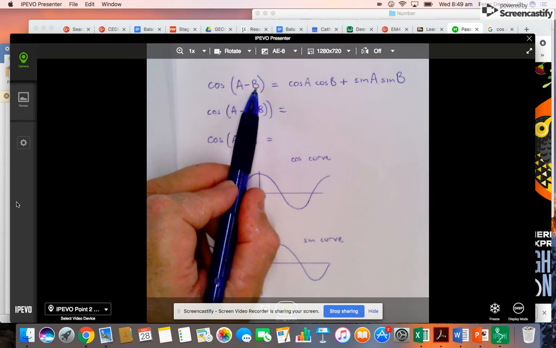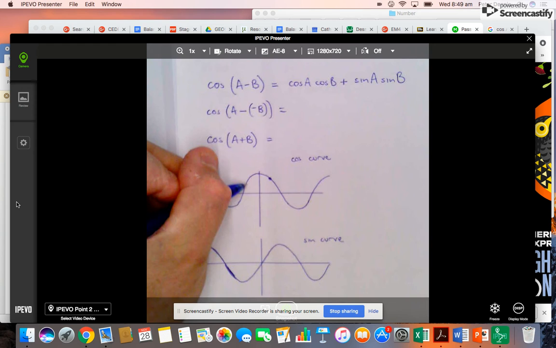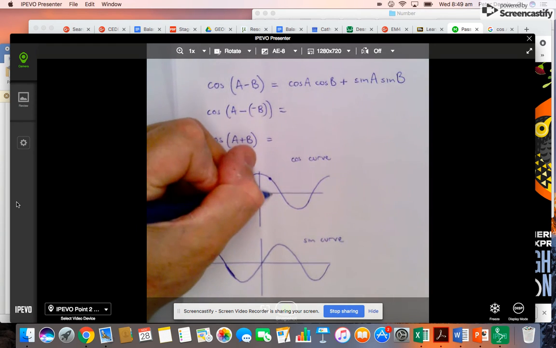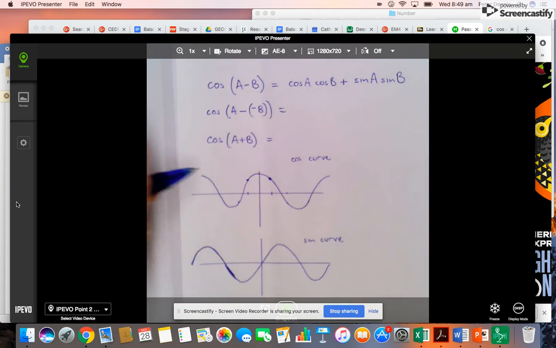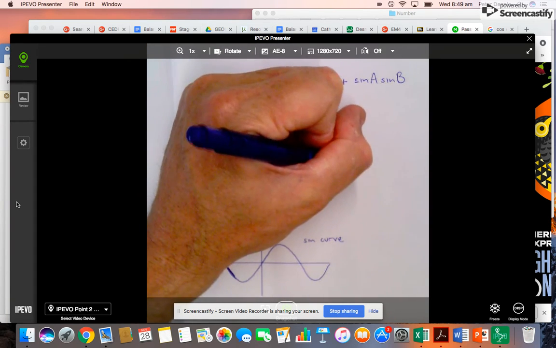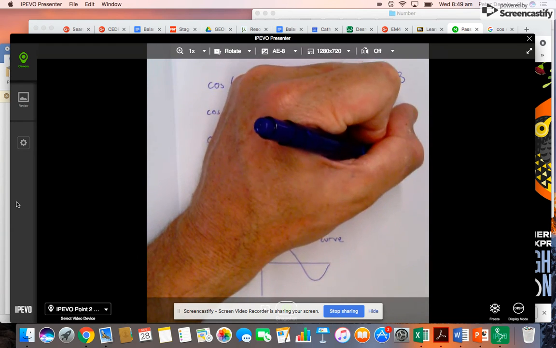Well, one thing I know is if we look down on the cos curve, cos of B equals cos of minus B. This is B, this is minus B. So what we know is that cos of minus B equals cos of B. And we're going to use that.